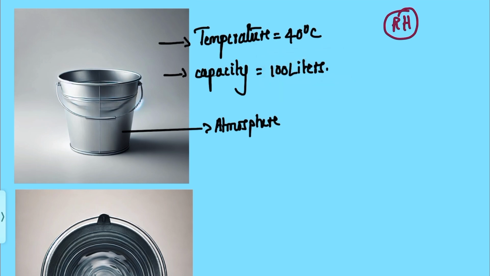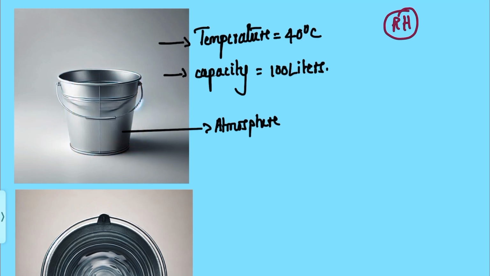Now let us say that the temperature currently is 40 degrees centigrade. As I just told you, if you want to increase the water holding capacity of air, then you have to increase the temperature, right? Now let us assume that temperature is constant, which is 40 degrees centigrade, and the capacity of this volume of air or atmosphere is 100 liters.